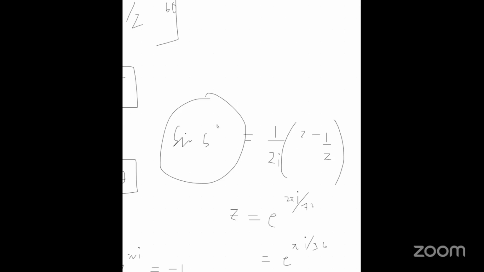You can fuse sine 5 with sine 175 to get 2 times sine of 5. And then you can do sine of 5 with sine of 85 and use some kind of formula there. So the sum of angles formula for sine 5 plus sine 85 is also something you can try. There are plenty of things you can try, and then at the end, you can use this type of complex number series if you want.